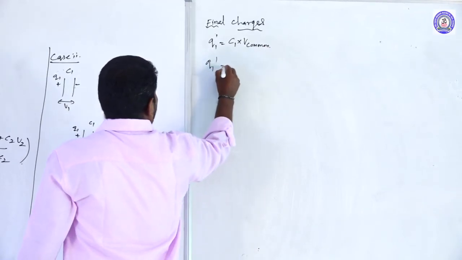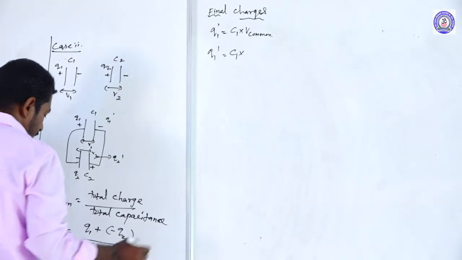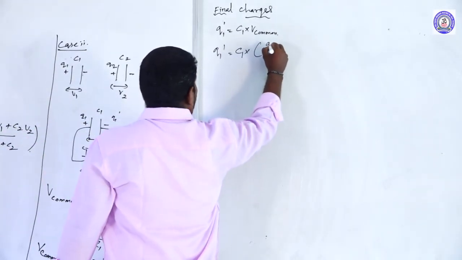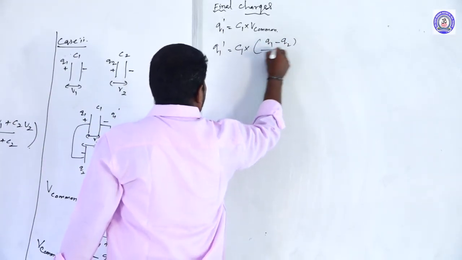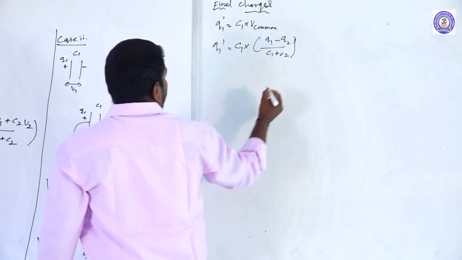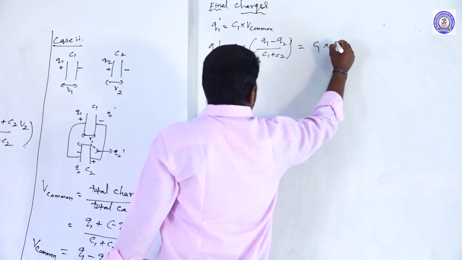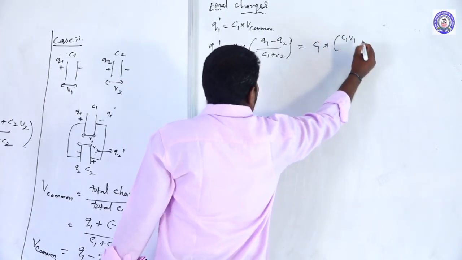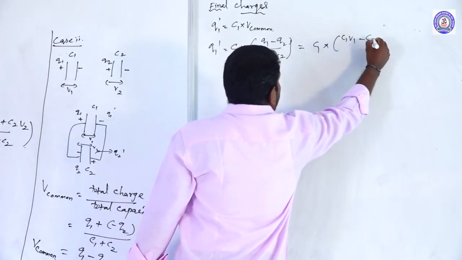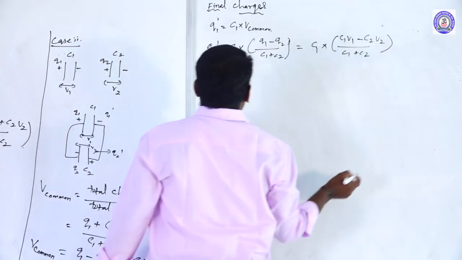So Q1 prime is equal to C1 times the common potential, in this case Q1 minus Q2 divided by C1 plus C2, which is equivalent to C1 into (C1 V1 minus C2 V2) divided by C1 plus C2.